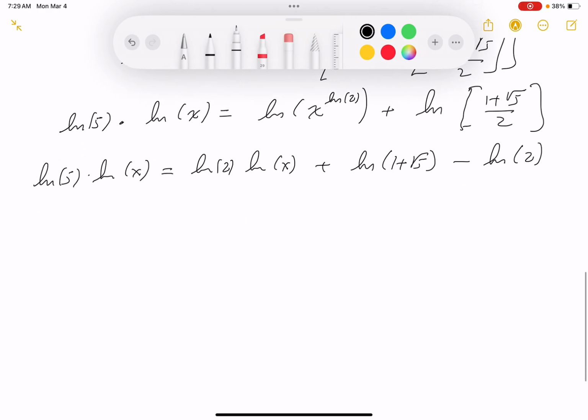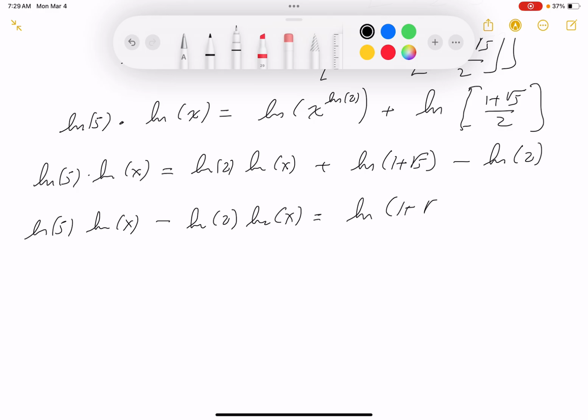I want to get the x on one side, and you're going to get ln 5 ln x minus ln 2 ln x equals ln of 1 plus root 5 minus the natural log of 2. Well, I'm going to factor out ln x now.